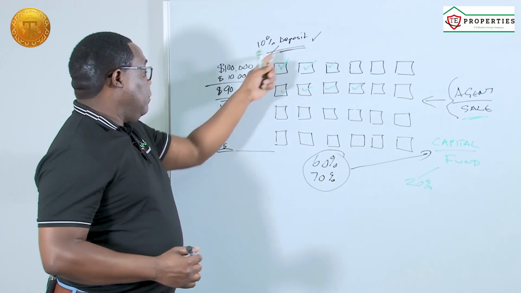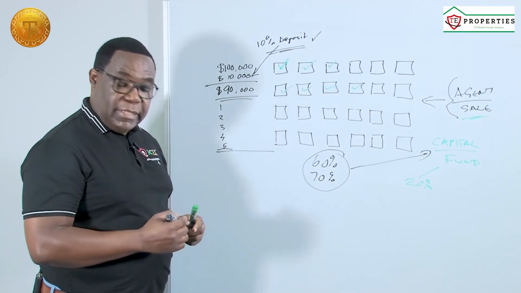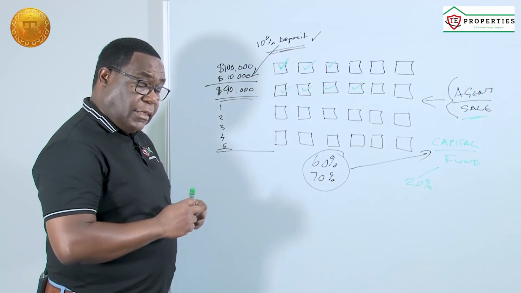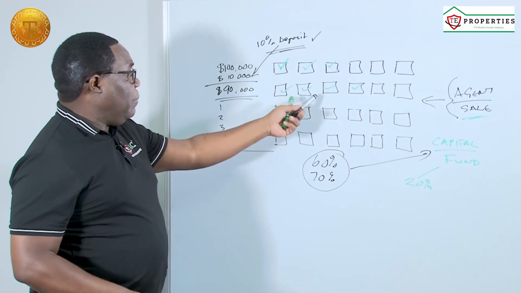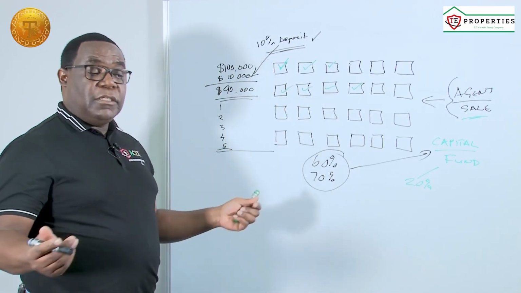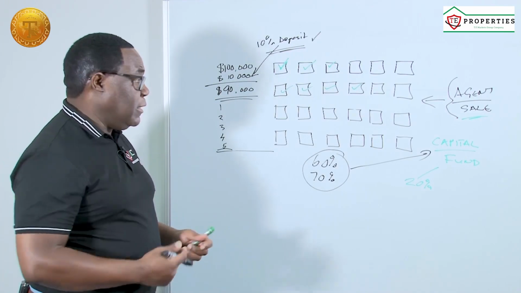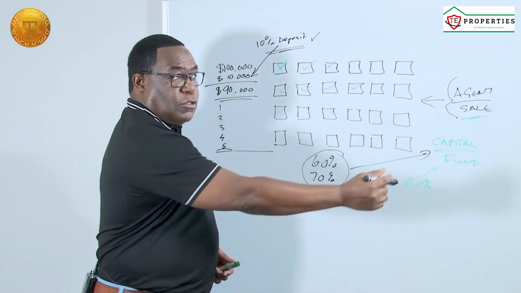So you've placed a 10% deposit, your balance is $90,000. Now what the developer does, he will put out enough marketing material to get enough sales going.